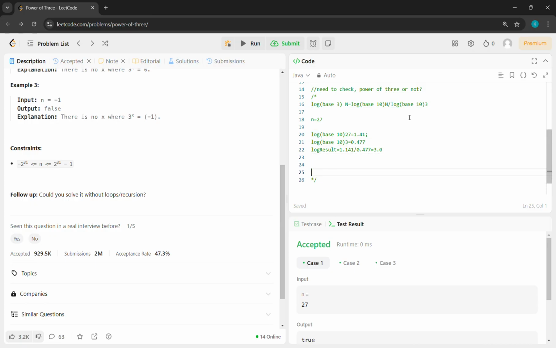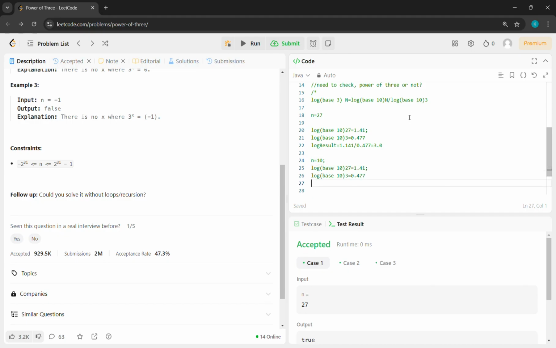सो लेट्स से n इज इक्वल टू 10. यहाँ पर आते हैं तो थोड़ा सा कॉपी कर लेते हैं ताकि लिखने में आसानी हो. Log 27 and log 10 का we know that the value is 1.0 and log base 10 3 का value 0.477 only.